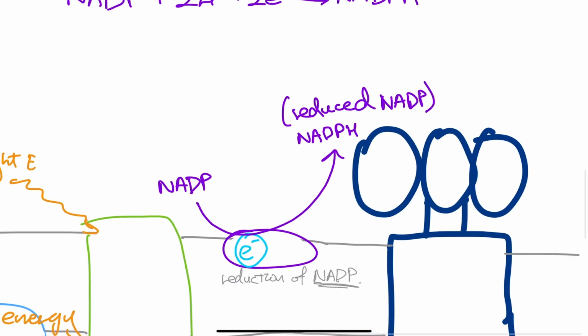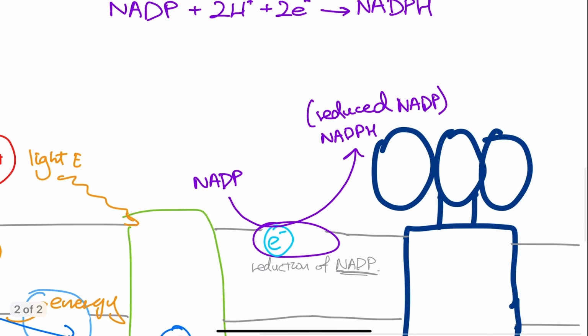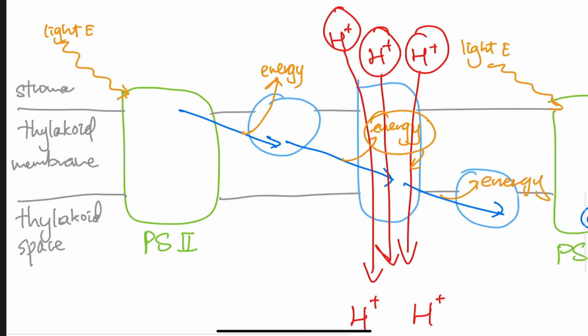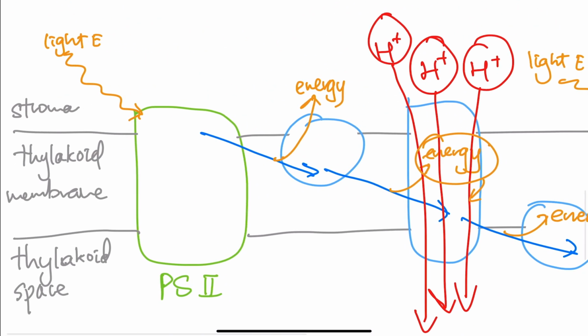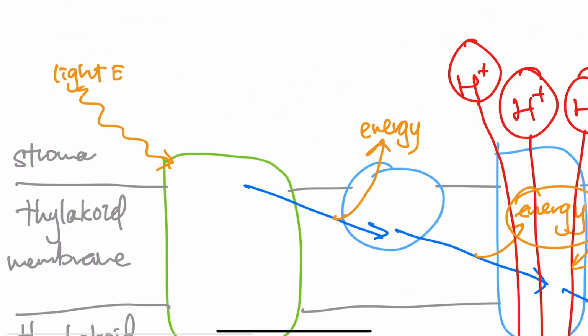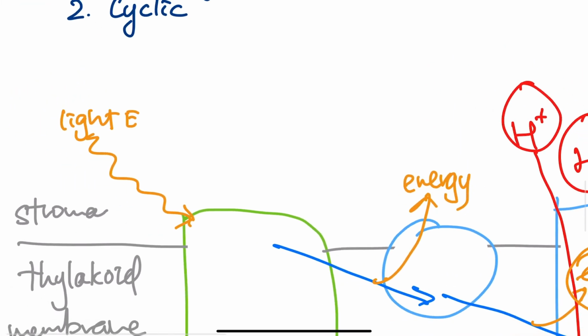But now, you probably have realized, first of all, I don't have 2 electrons here, I only have 1. Second, I don't have 2 hydrogen ions here. So you might ask me, where does that come from? I have shown you previously, it comes from a reaction called the photolysis of water. And that reaction looks like this.